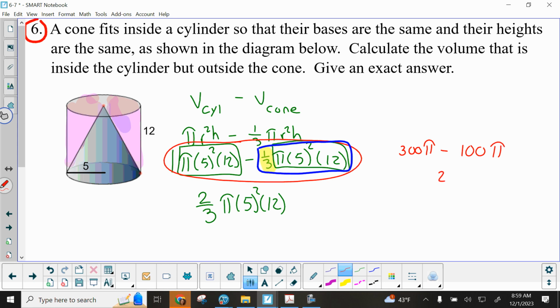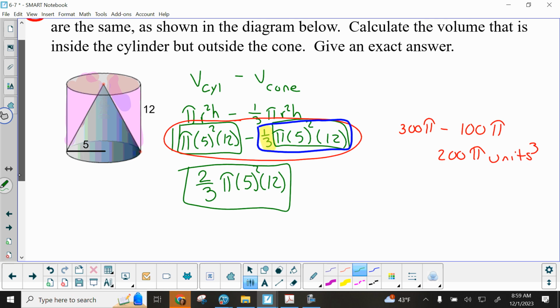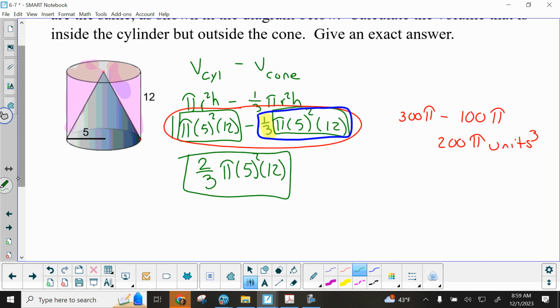So that would be 200 pi for my volume in units cubed. And then if I do my work that I was working on down here, I will get the same thing, because if I do 300 times 2/3, I get 200, and, oh, forgot the pi, 200 pi units cubed.